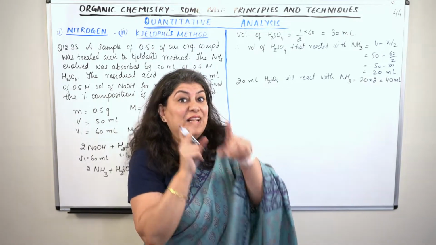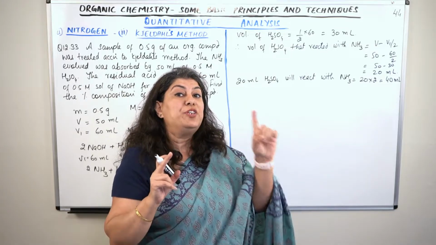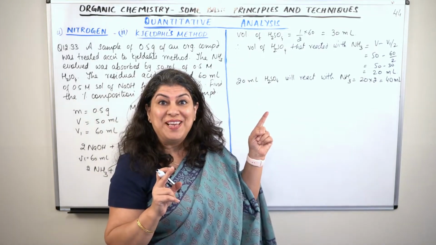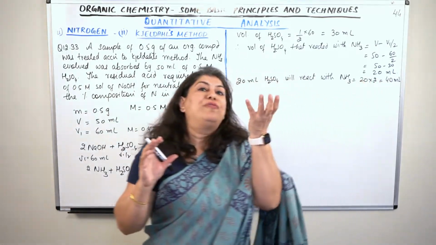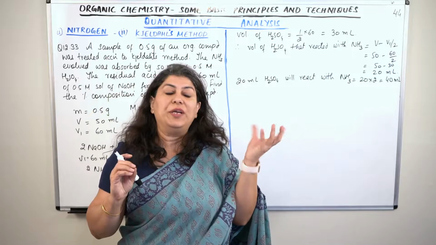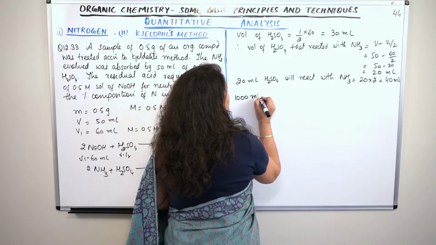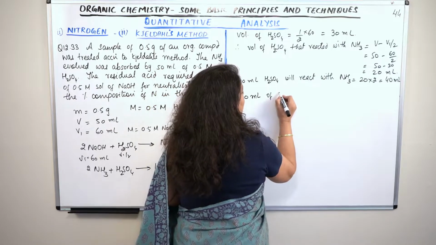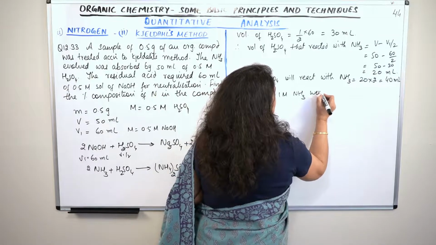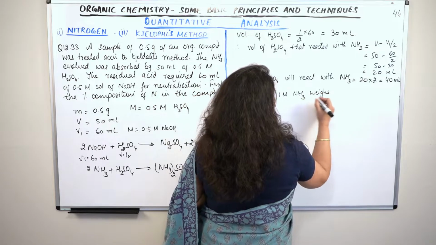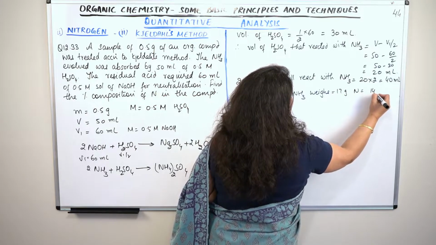It means that 40 milliliters of ammonia of 0.5 molarity was produced by the compound, right? So now we need to find out the mass of 40 milliliters of that ammonia. We know that 1000 ml of 1 molar ammonia weighs 17 grams, out of which nitrogen is equal to 14 grams.